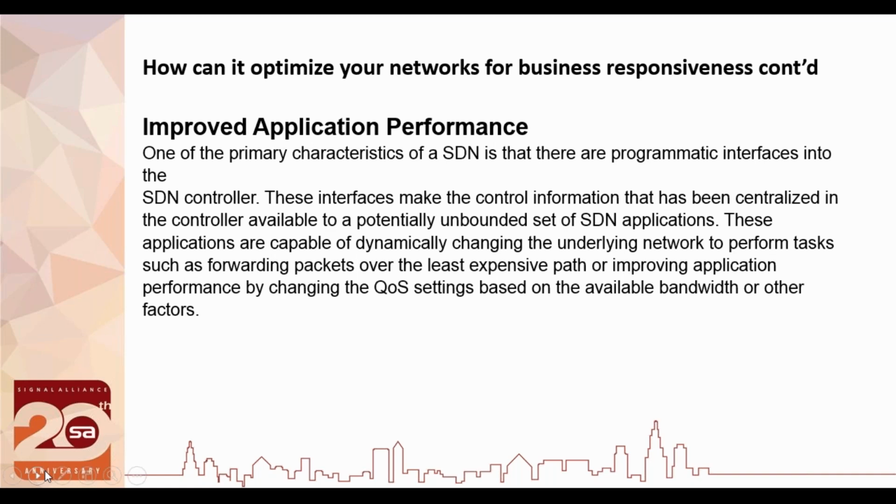If you leverage the concept of SDN, that can be achieved, and it can be achieved very well, to have you enjoy quality end user experience and improve application performance.